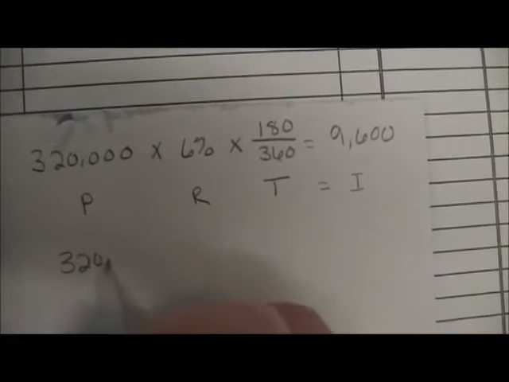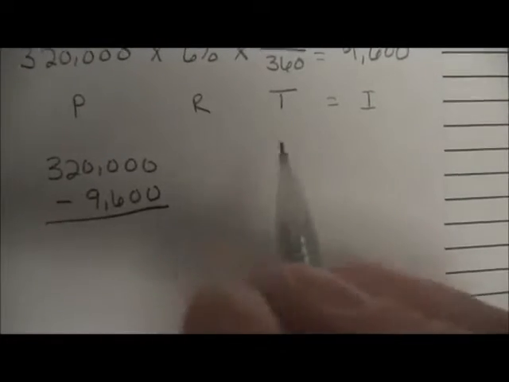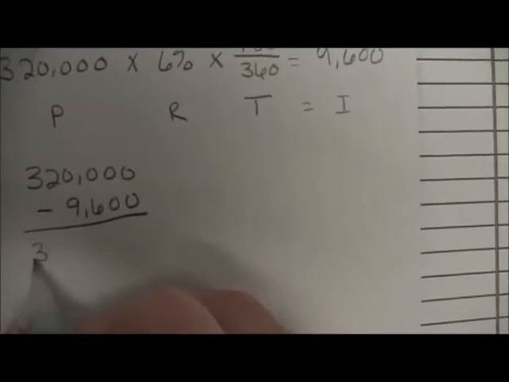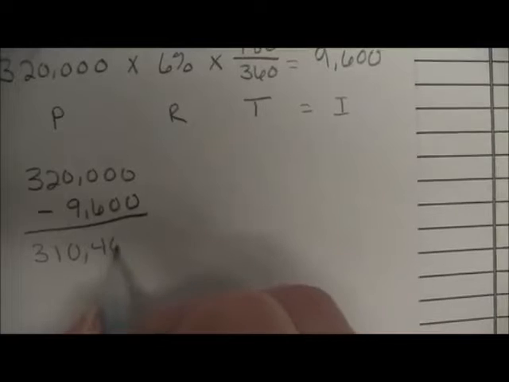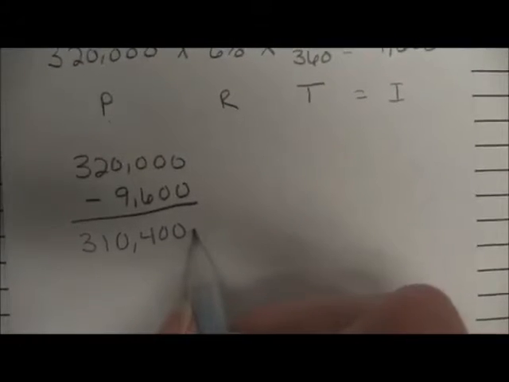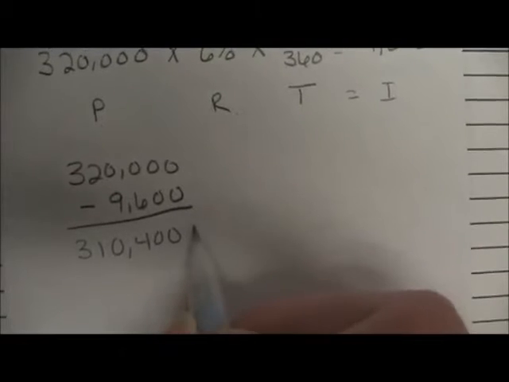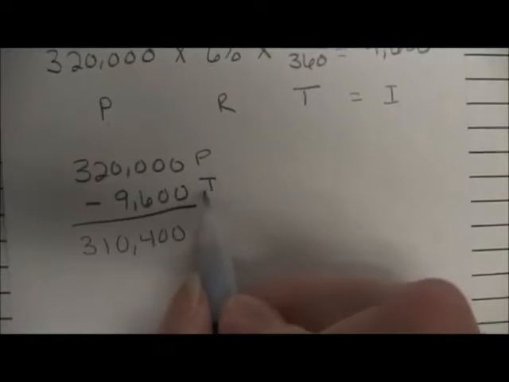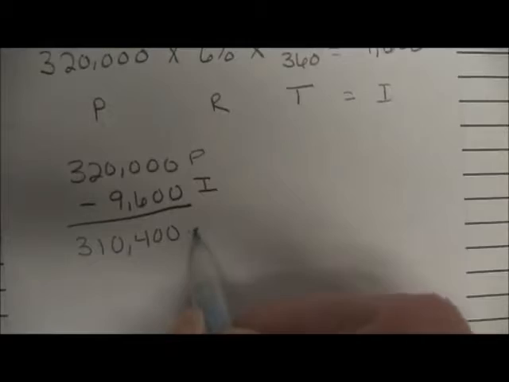So then we're going to take our $320,000 minus our $9,600, and we're going to get $310,400. Whoops, sorry. This is going to be the number that we're going to use. This is our principal, this is our interest, and this is how much equipment we actually received, $310,400.